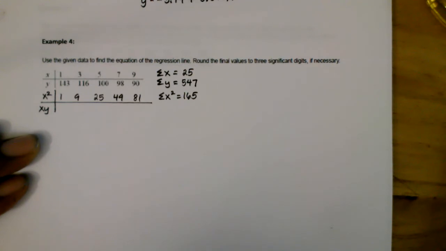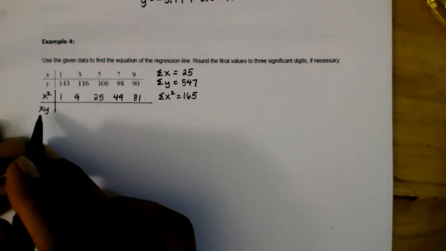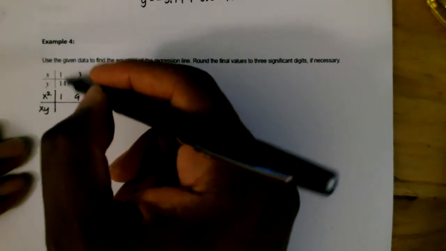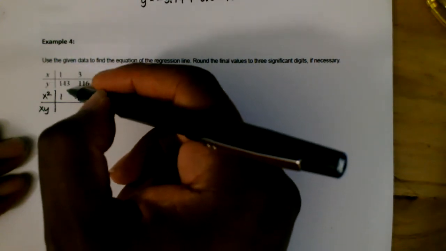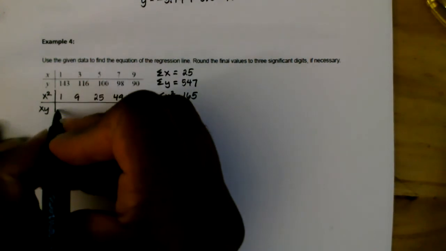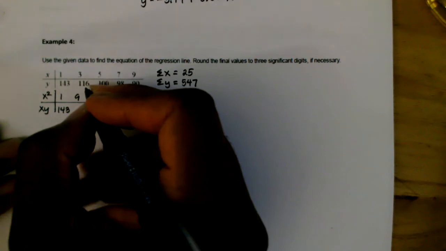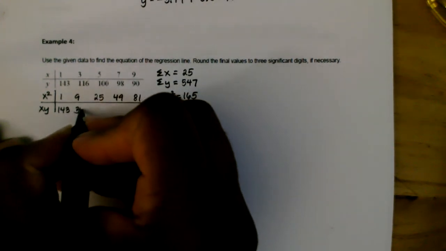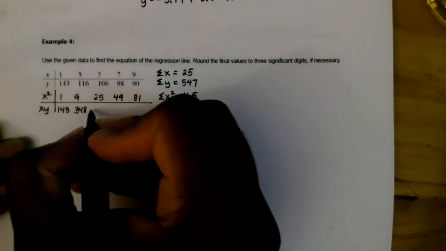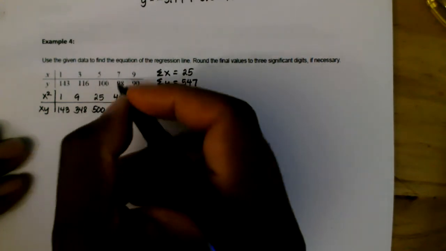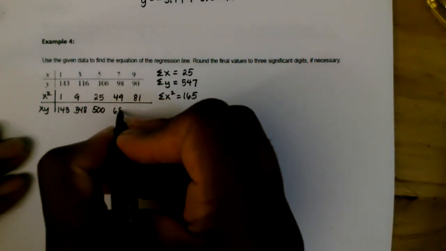Okay. And now I need to do x times y. That means I need to multiply the x and the y values together. So 1 times 143 is 143. And then 3 times 116 would be 348. And then 5 times 100 would be 500. 7 times 98 would be 686.